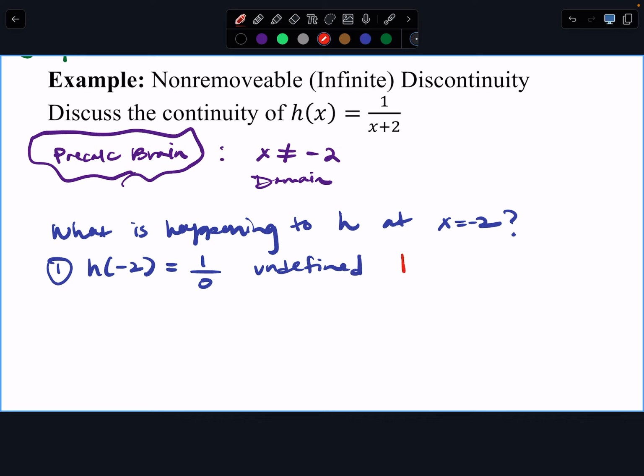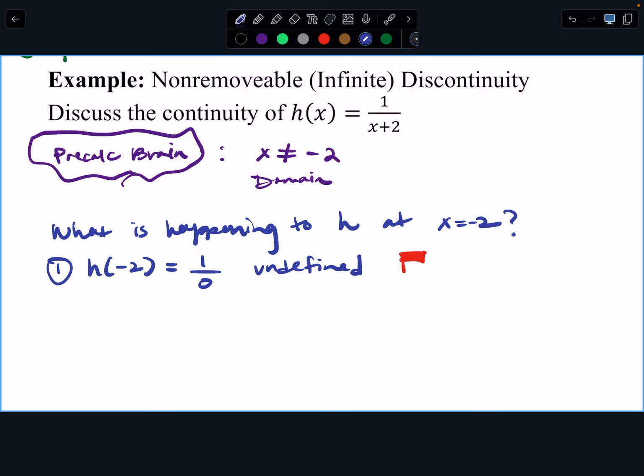So right away we go red flag, we know it's discontinuous at x equals -2. But we want to investigate a little bit further to say, is this a removable discontinuity? Is it a non-removable discontinuity? If it's non-removable, is there a jump? Is there a vertical asymptote? Like, what's going on with the graph of h from a calculus perspective?